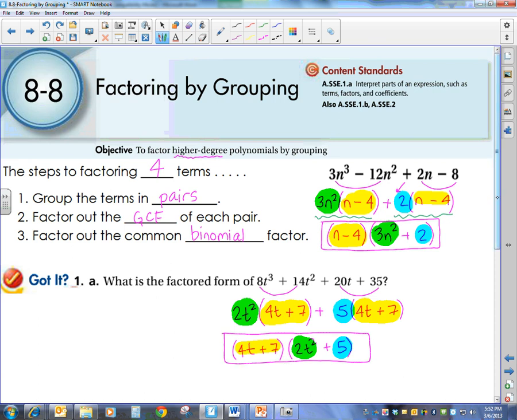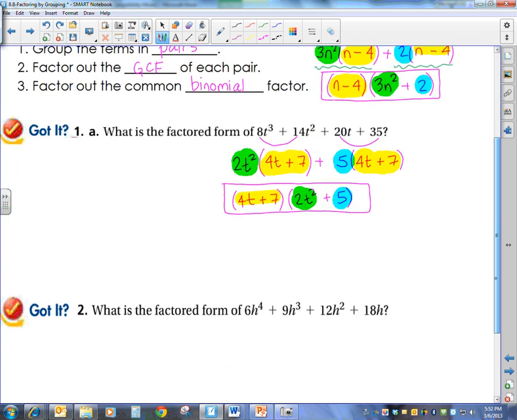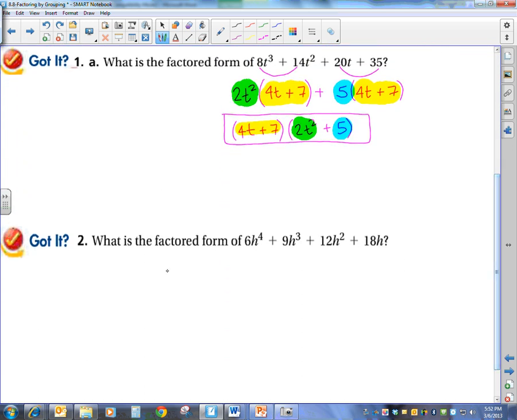Now, one of the things that we really should do first every time we attempt factoring is to look for the GCF. So if you will notice in this particular expression that I actually have a number and a variable that is common to every term. So between 6, 9, 12, and 18, we have a common 3. And there's a common h in every term.